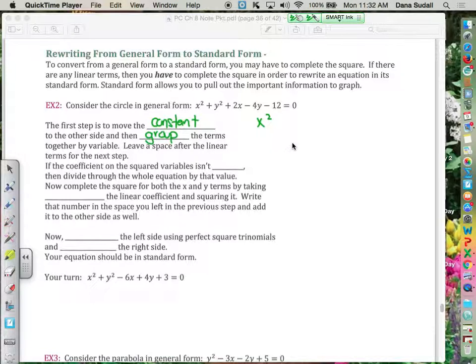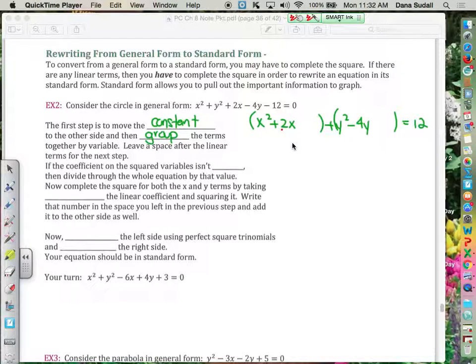So we'll put the x squared and the 2x together. Put the y squared and the 4y together, and here's that constant on the other side. Leave space for the linear term, that's what we just did. Right, so if you take half your middle term's coefficient, 1, let me follow the directions here.